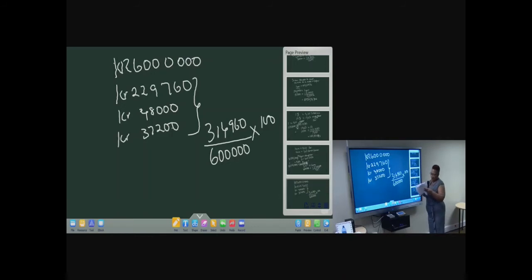So it will be divided by 600,000 multiplied by 100, which is 52.49%. One other important thing is, if now your joint stated that are more than 52, so really it means she is correct because 52.49 is more than.